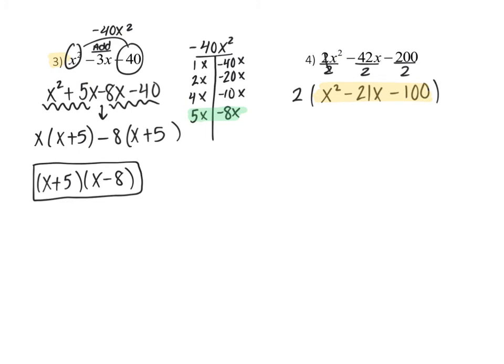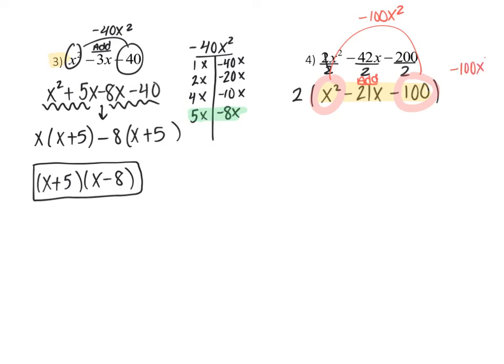Okay, so what we're going to do is multiply the x squared times the negative 100, and I get that they multiply to negative 100x squared. And I now want the factors that add to this negative 21.